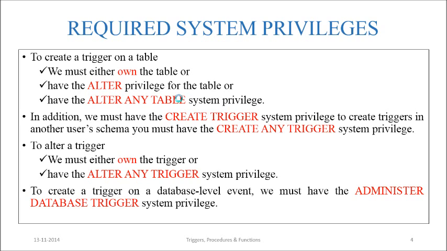If we are creating triggers in another user's schema, we must have the create any trigger system privilege. To alter a trigger, we must either own the trigger or have the alter any trigger system privilege. Then, for creating a database level event trigger, we must have the administer database trigger system privilege.